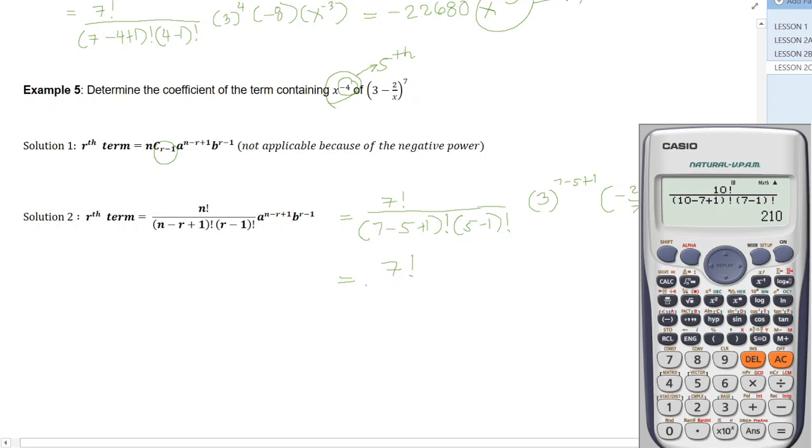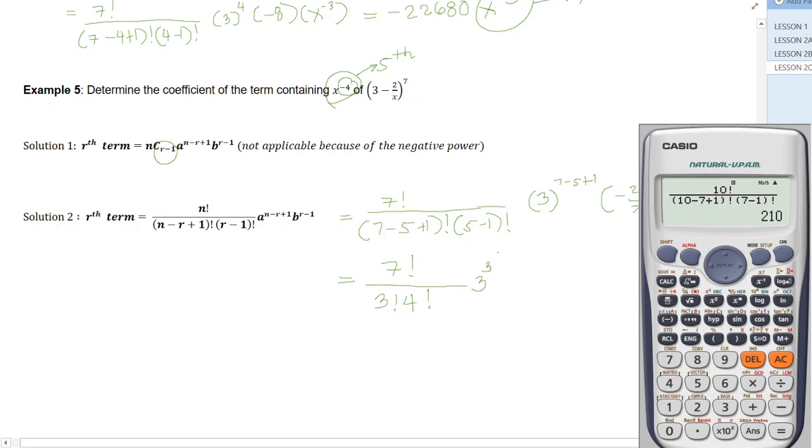That is 7 factorial over 7 minus 5, that is 2 plus 1, that is 3 factorial, and 5 minus 1, that is 4 factorial. And that is 3 raised to 7 minus 5 plus 1, that is 2 plus 1, that is raised to 3.